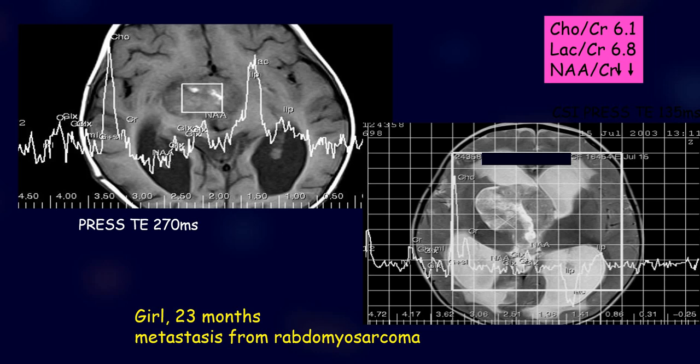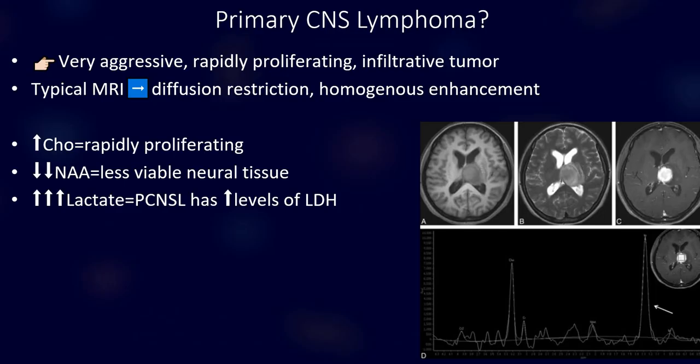But again, in the highly aggressive glioblastoma multiforme, the N-acetyl aspartate is markedly reduced. It can be misdiagnosed as a metastasis.